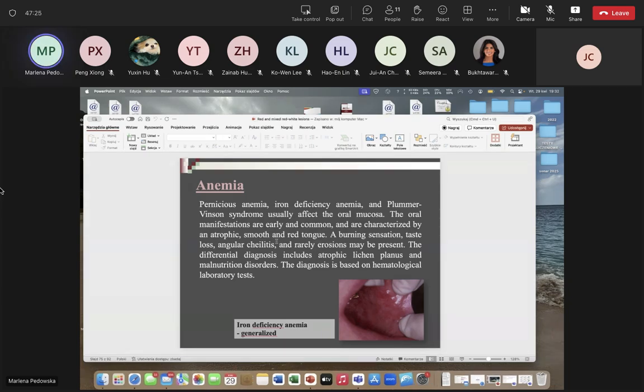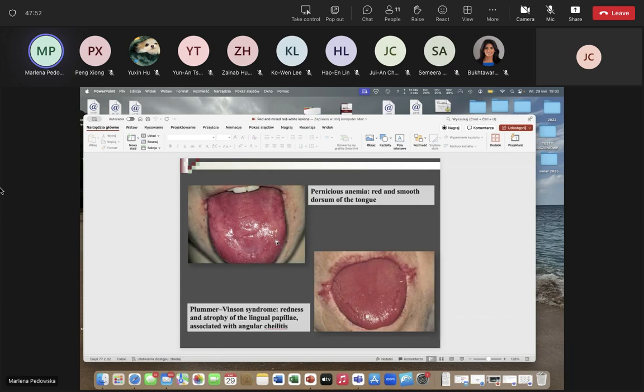Of course, the pallor of the mucous membrane, and also the tendency for bleeding, and for traumatization, and the exposed nerve endings on the tongue, so the patient has the feeling of permanent irritation of the tongue.